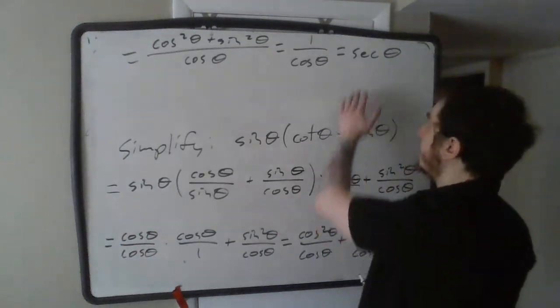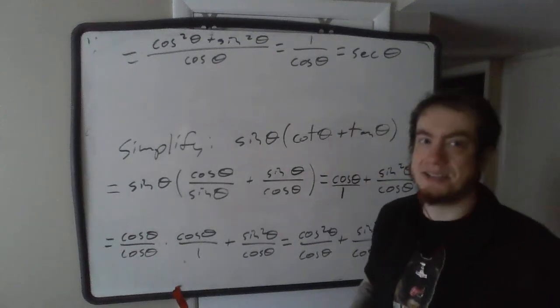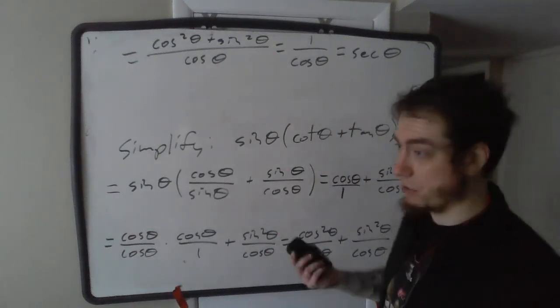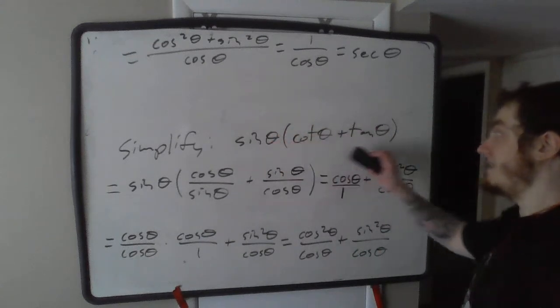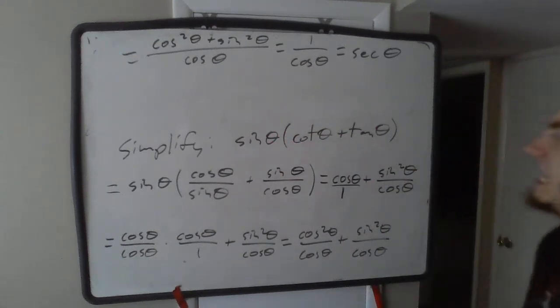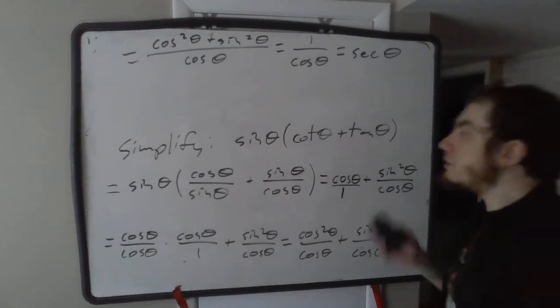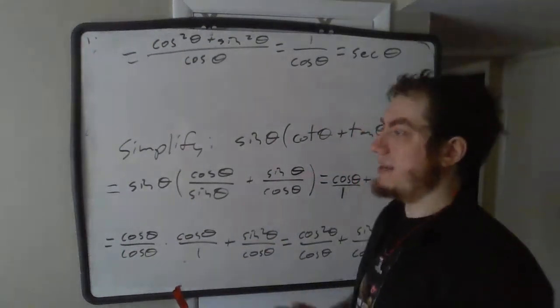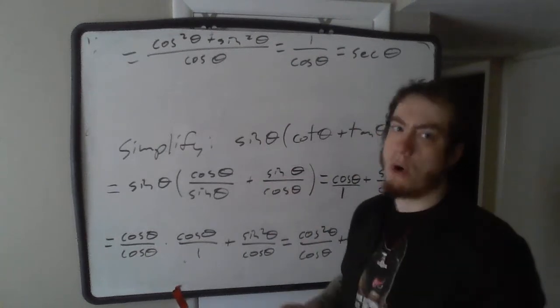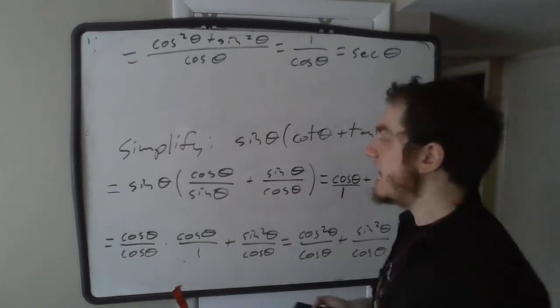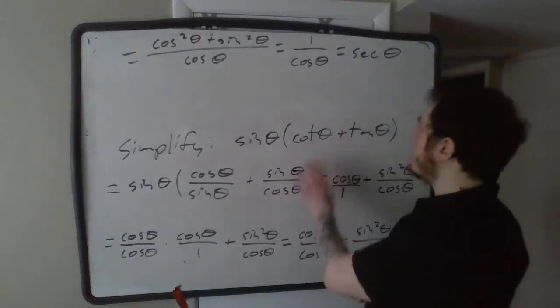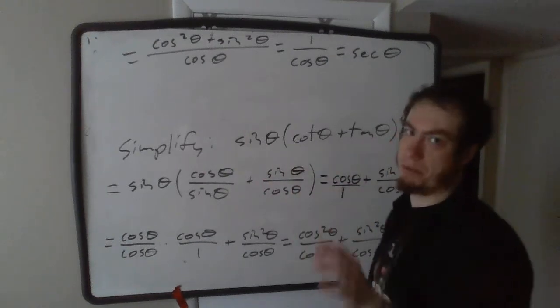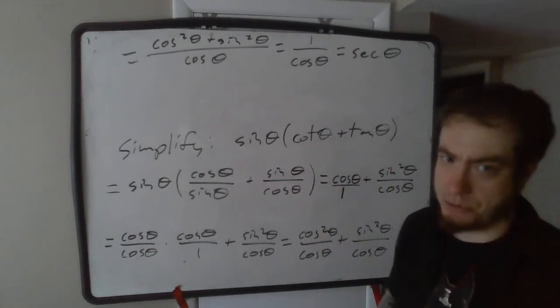Okay, that's still kind of annoying, but it's not nearly as bad as this thing. It also turns out, for those of you who are going to go on to calculus, that you use trig functions for all sorts of stuff, and you really want to get them to be the simplest possible trig functions in those cases.